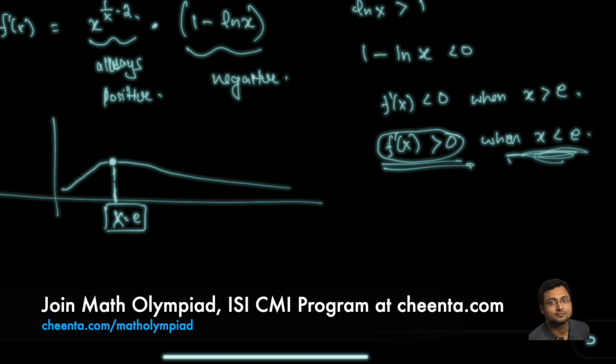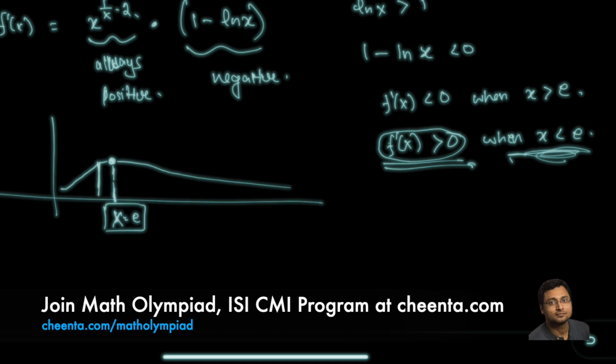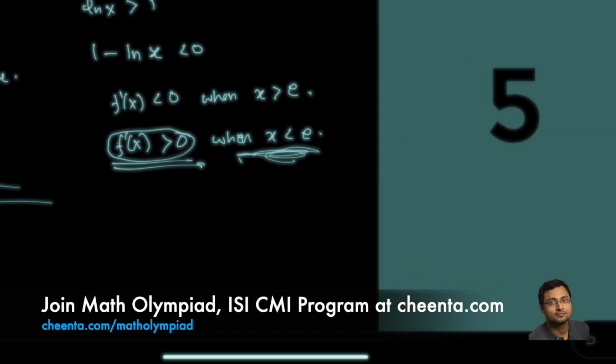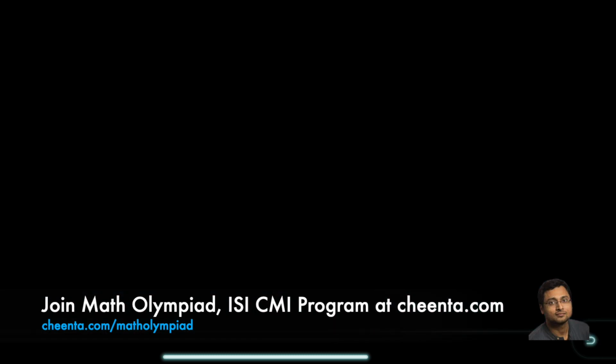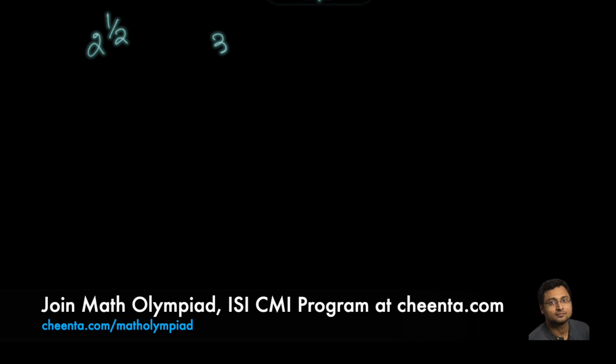In fact, we would be interested in the number just before e and just after e. So this is 2 and this is 3. So we are interested in what happens at x equals 2 and x equals 3. Whichever is larger will be the largest value of this sequence. So we want to compare 2 to the power 1/2 and 3 to the power 1/3. Which one is larger?